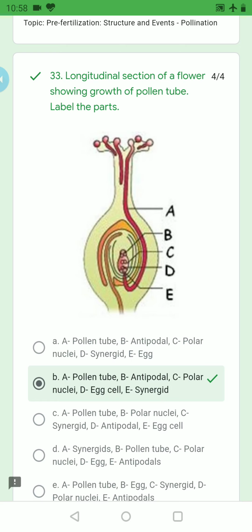Label D is the egg cell. Label E is the synergids. Now compare with the options. Option B is the right option. We discussed this diagram during pollen-pistil interaction, how the pollen tube moves towards the egg.